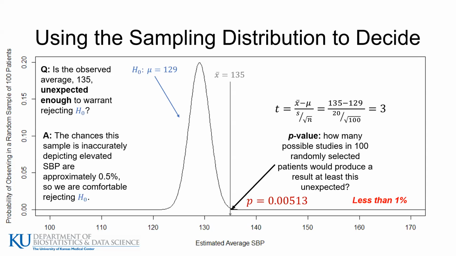So the chances that this sample is inaccurately depicting this elevated systolic blood pressure are approximately 0.5%. So we're pretty comfortable here rejecting H0. So we're pretty comfortable concluding that it's more likely that our patients are hypertensive versus not hypertensive.